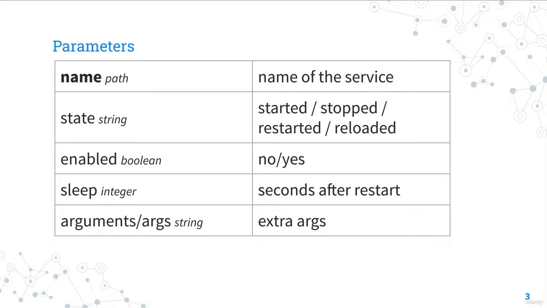Started and stopped options allow you to start or stop the service. Restarted is a combination of stop and start. You could also customize the number of seconds in between using the sleep parameter. The reloaded option is useful if the service needs to only reload the configuration file.